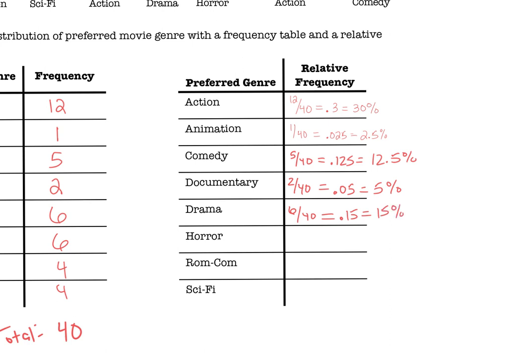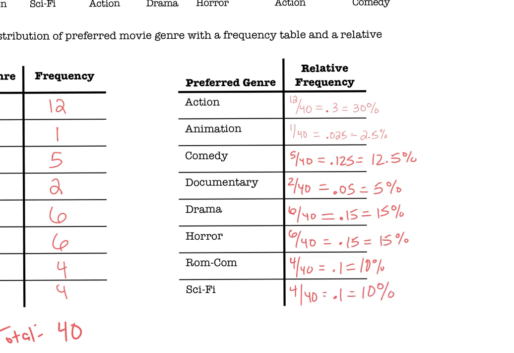Same thing there for horror. It was 6 divided by 40, which is 0.15, or 15%. Rom-com, that was 4 divided by 40, which is 0.1, or simply 10%. And then finally we got 4 divided by 40 again, which is still 0.1, or 10%.